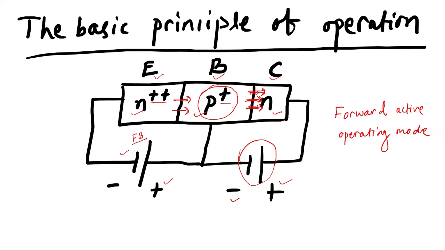Okay, so the minority electrons here, the collector is now connected to the positive terminal, so they can easily be pushed through the BC space charge region. Okay, so this is the basic principle of operation, and this particular mode of operation is known as the forward active operating mode, where your emitter base junction is forward biased and base collector junction is reverse biased.